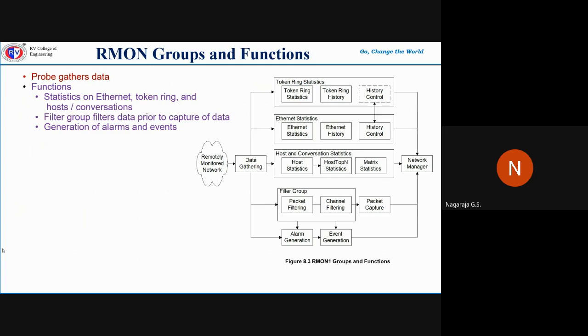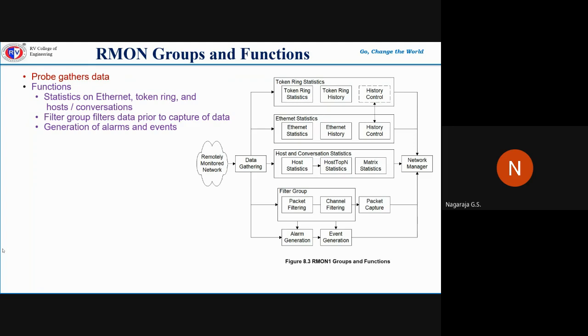Then host and conversation statistics, which include host statistics, host top N statistics, and matrix statistics. Then you have a filter group, with packet filtering and channel filtering, where you use these parameters to filter your packets and capture them, and based on that you provide the information to the network manager.